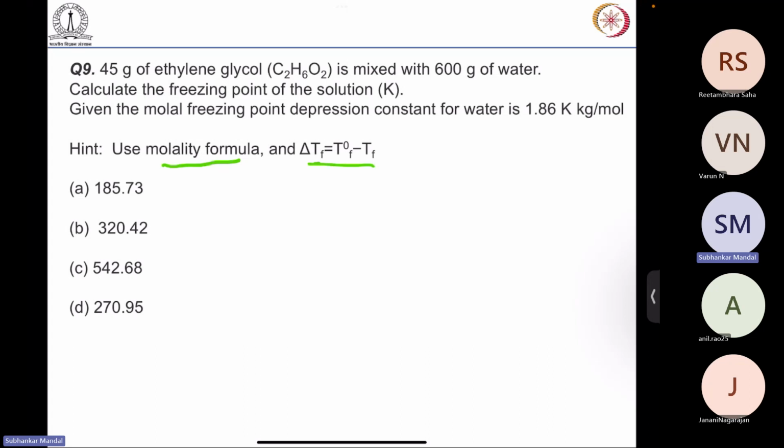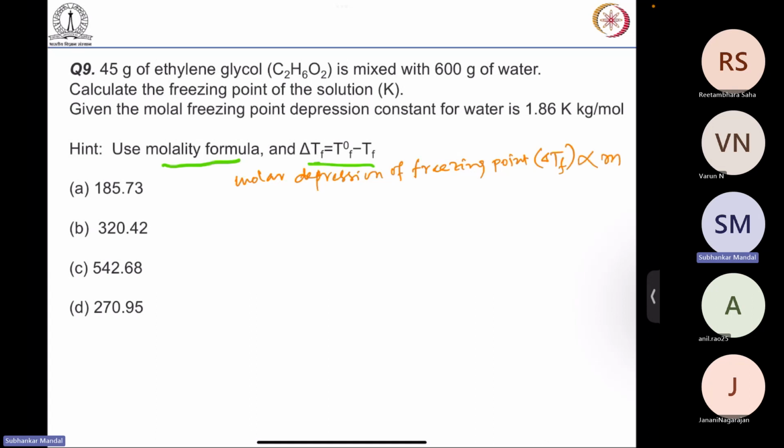Can anyone tell what we know about depression of freezing point? Molar depression of freezing point. Del TF is proportional to the molality of the solute.